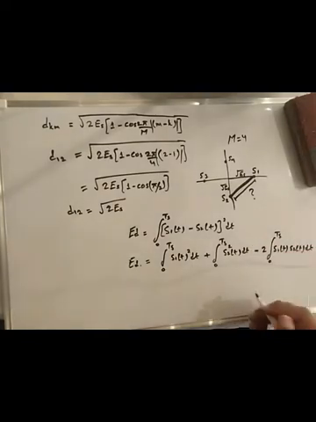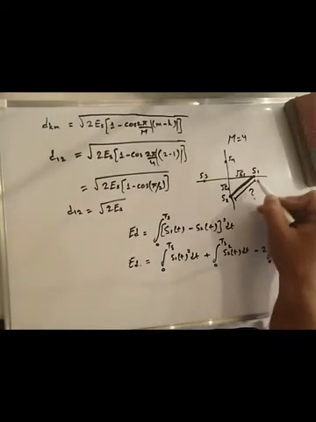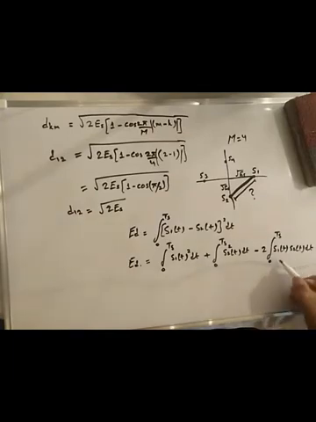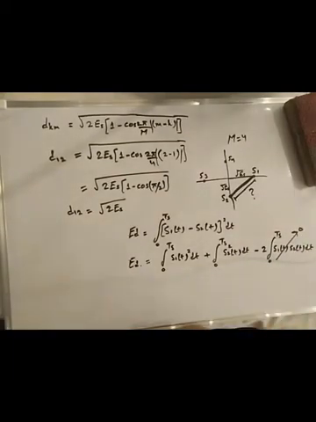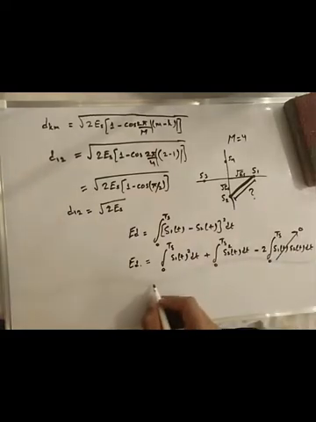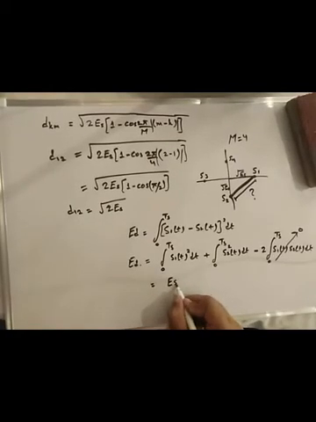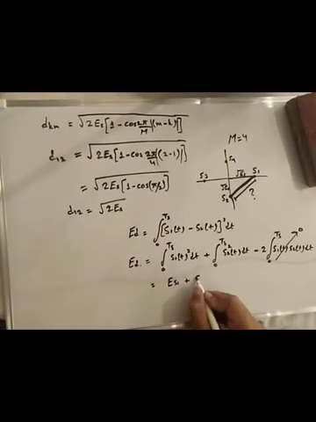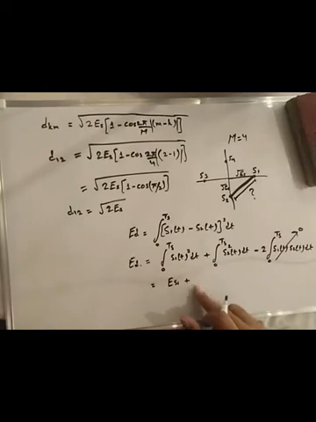Now in our case, the two signals are orthogonal to each other, so the integral of that product will be 0, since if you integrate two different orthogonal signals, the answer will come out to be 0. As a result, we end up getting ES1 plus ES2, right?